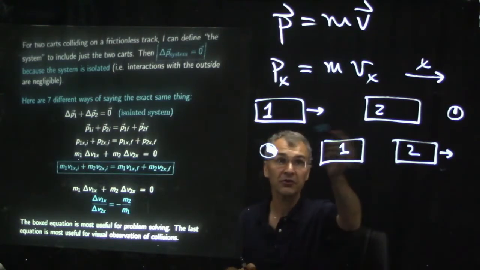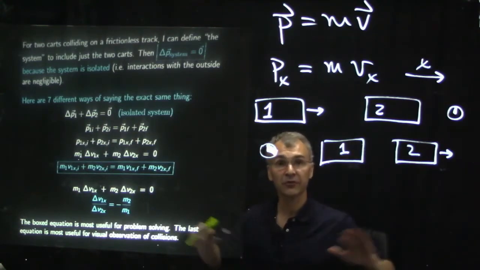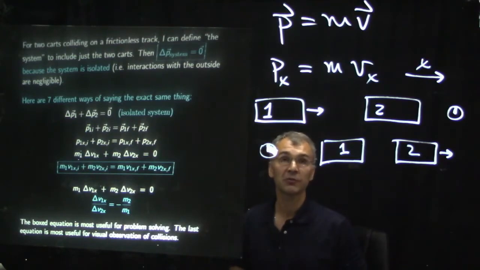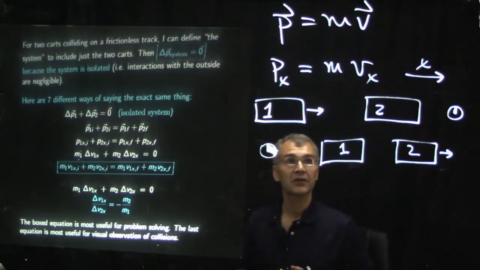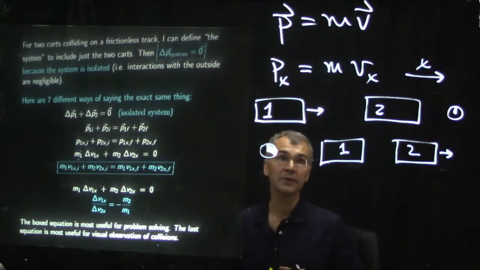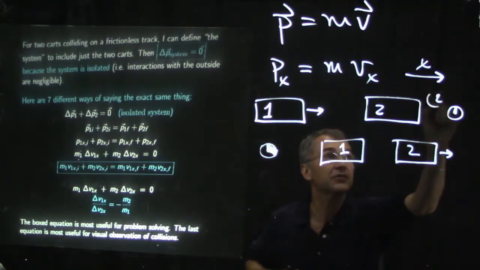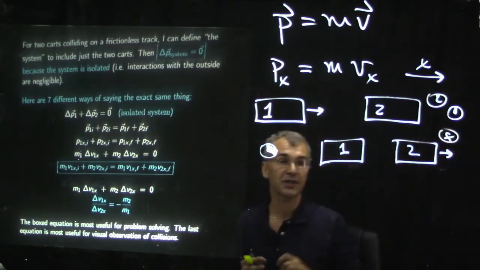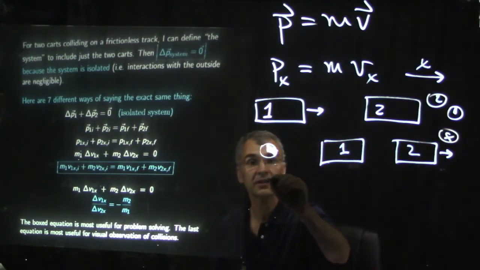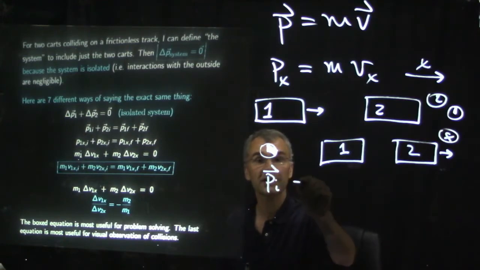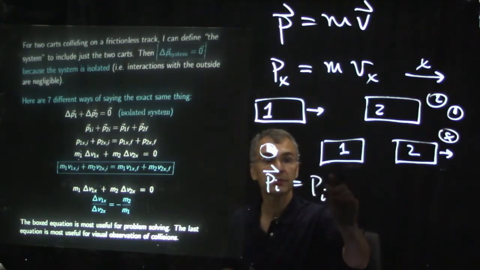So they might push on each other, but nothing outside that 1 plus 2 system is pushing on anything inside that 1 plus 2 system. So then we can say that the total momentum of the initial state is the total momentum of the final state.